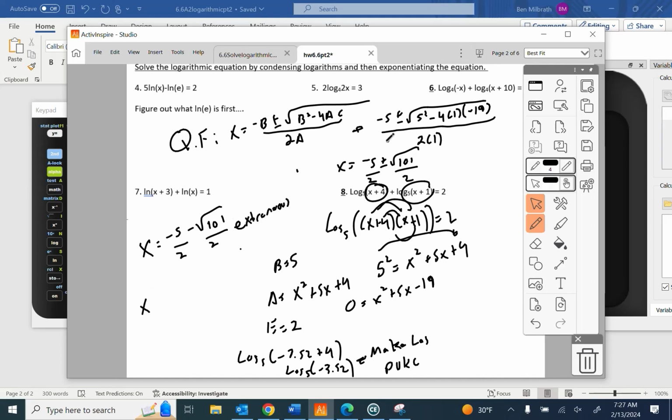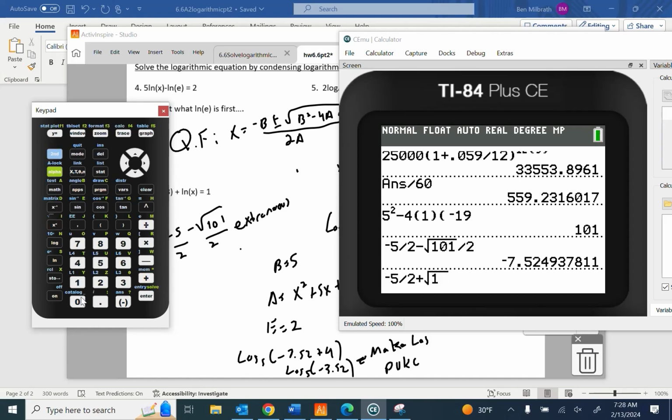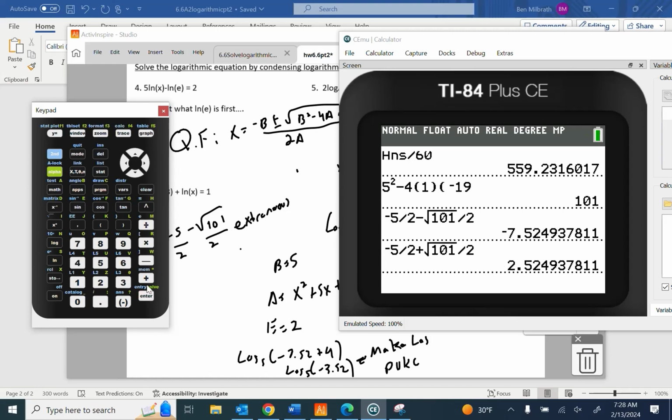Now, I'm going to get a positive number when I put these together. I know you may not believe me because your number sense is just atrocious. But if I do negative 5 halves plus, and I'll just push buttons so you can see it. If I do the plus, it's a positive number.